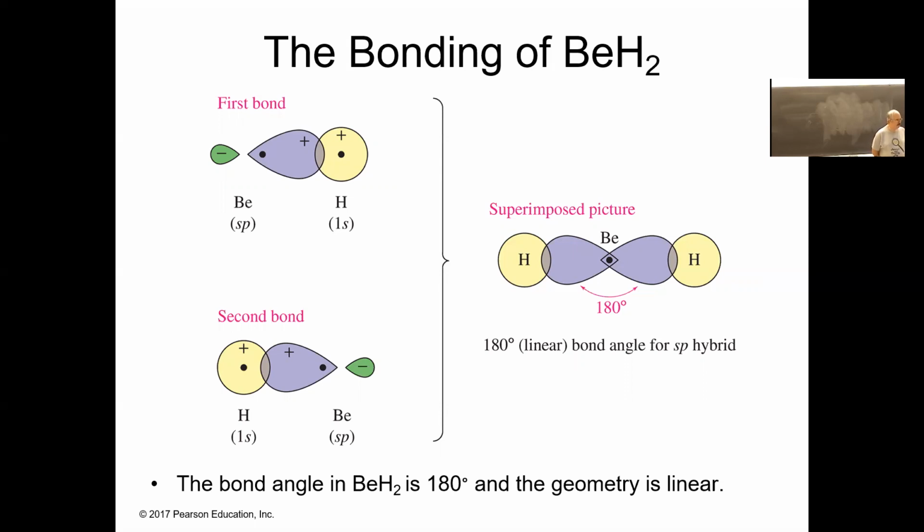The electron configuration of beryllium is 1s2, 2s2, and there are no unpaired electrons. And so that's why we do the linear combinations to get the two sp hybrids. And this also corresponds to the correct geometry.